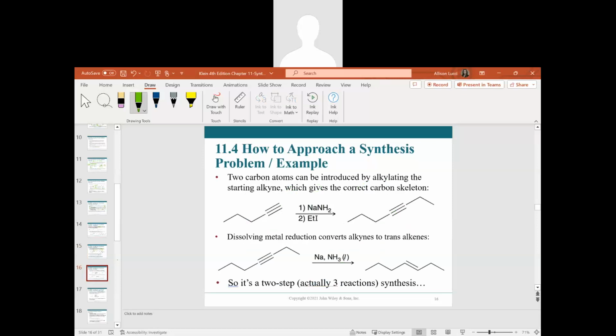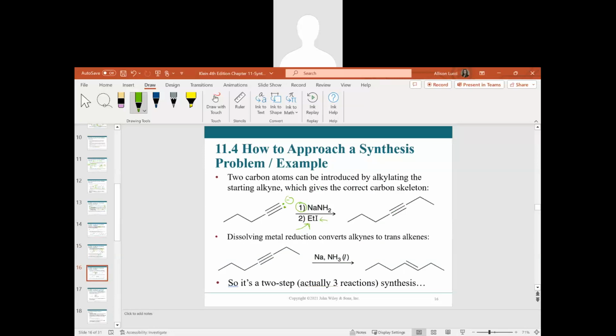With our starting material, we could use sodium amide in our first step and create our nucleophilic site on this carbon. And then we add, in this case, ethyl iodide or iodoethane in step 2.